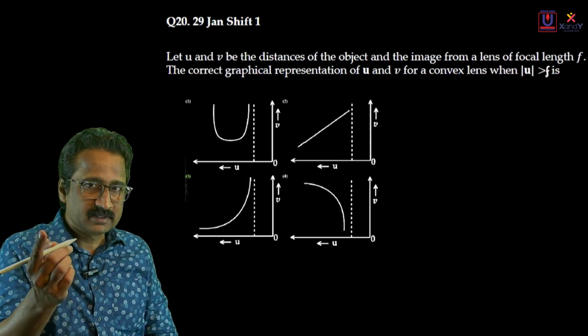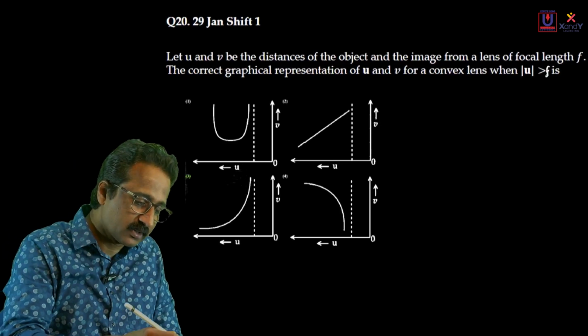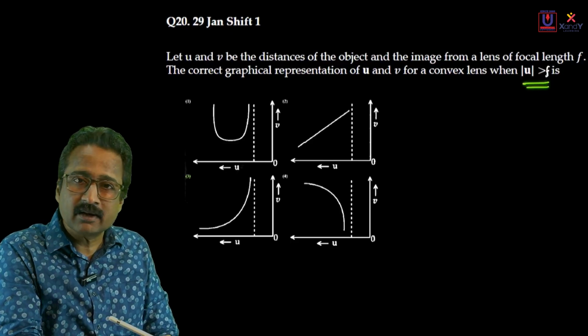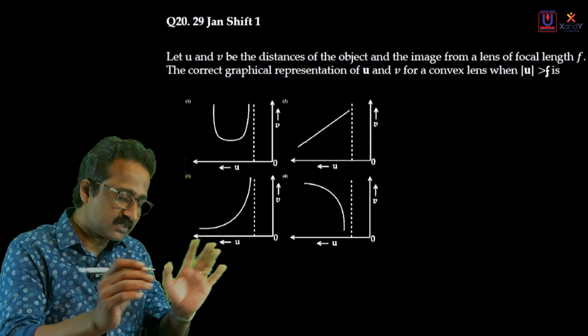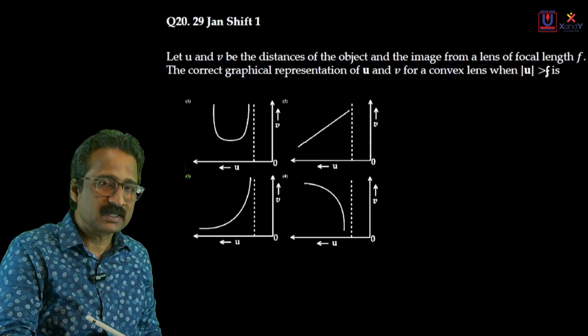It's a convex lens. It produces a real image. It is said that U is greater than F. If U is greater than F, certainly the lens will be forming a real image. So I'll give you some important points which help you to plot the graph here.